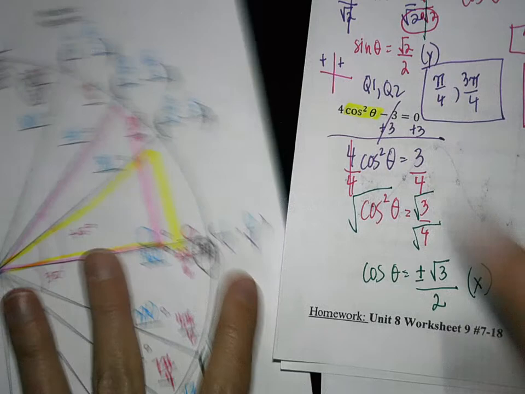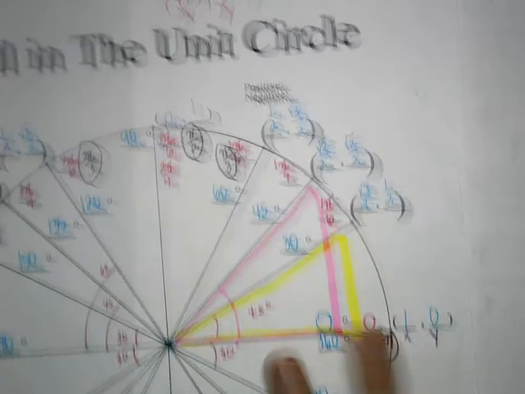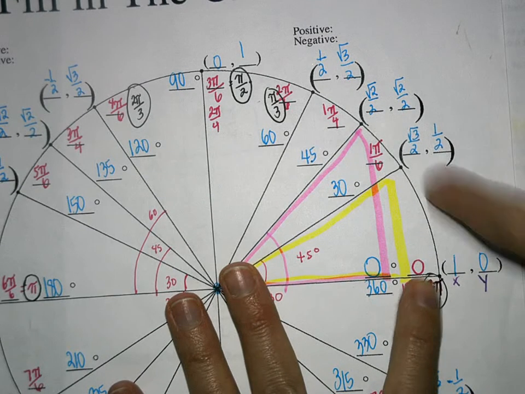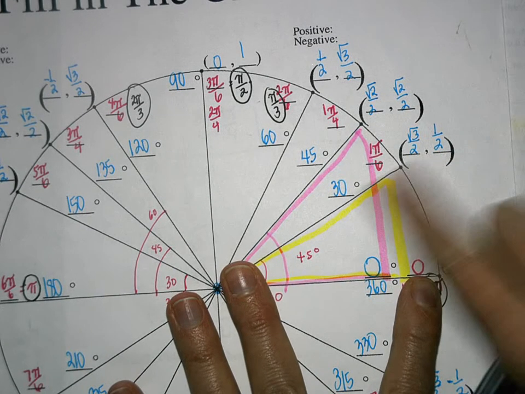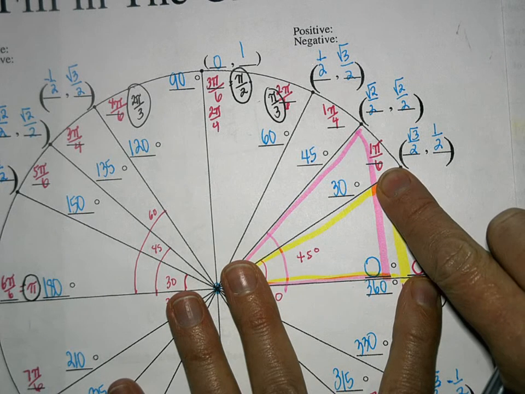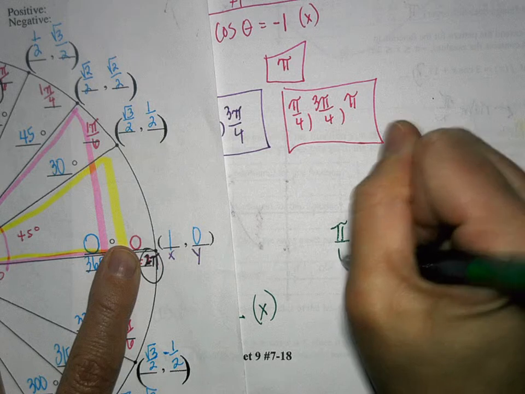So let's start at quadrant 1. In quadrant 1, we're looking for root 3 over 2. So x is root 3 over 2 right here. I want it in radians, so that is pi over 6. So one answer is going to be pi over 6.